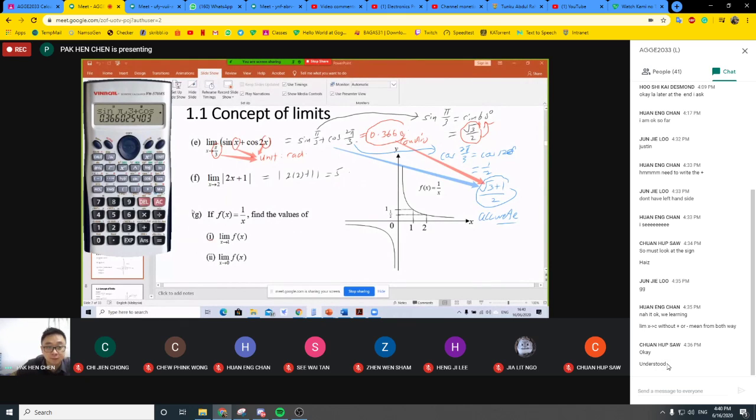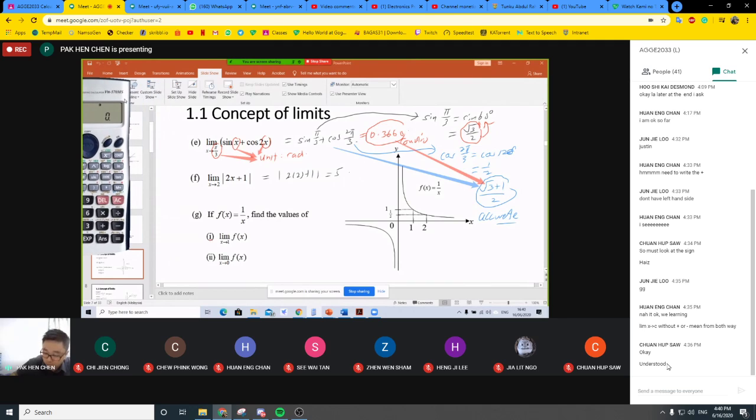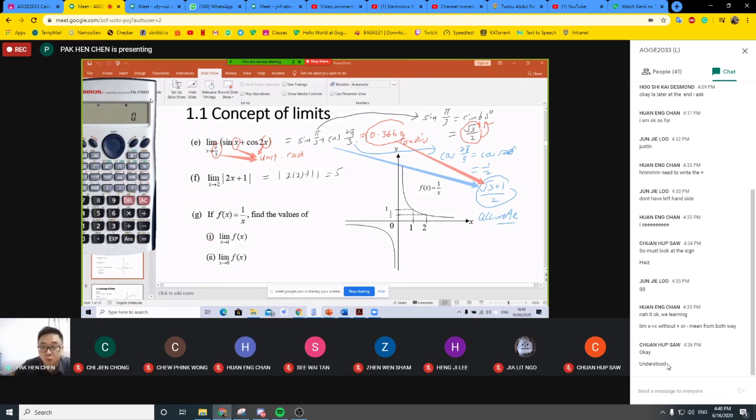All right. So, okay, with the concept that I have discussed just now with the square root function, now if we have a reciprocal function whereby y equals 1 over x, for this particular function, we're still able to know the limit, isn't it?